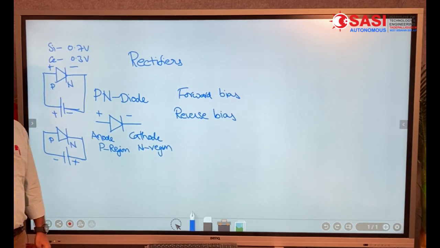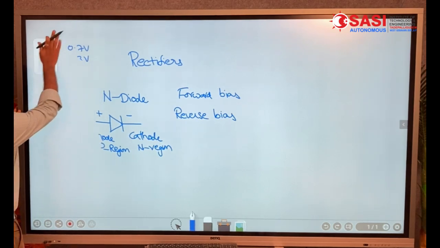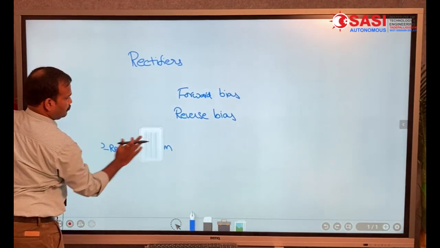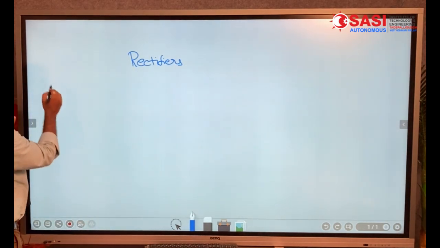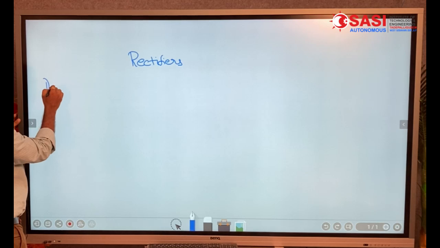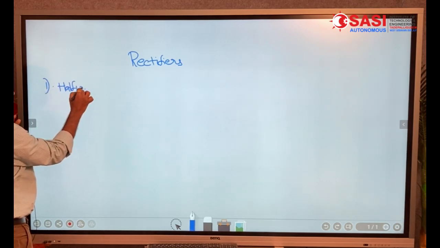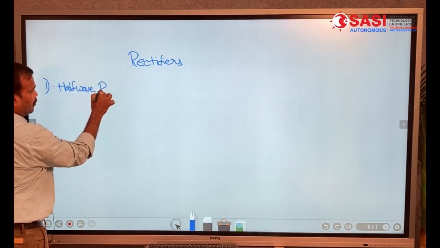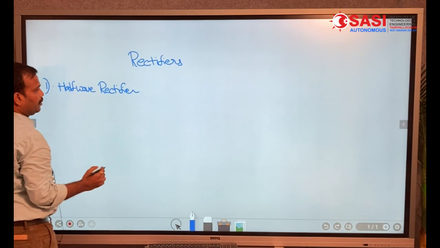Now we will discuss different types of rectifiers. The first rectifier is the half-wave rectifier.